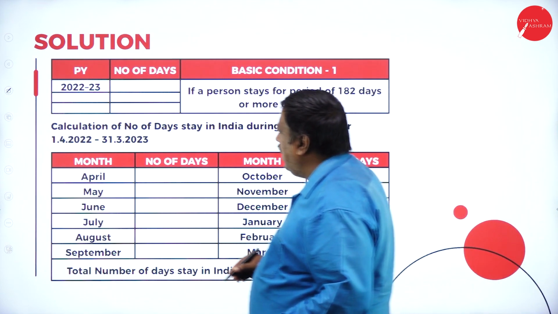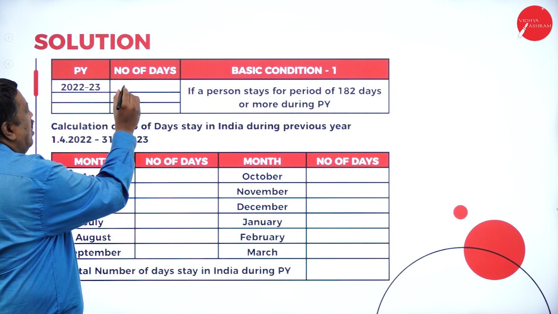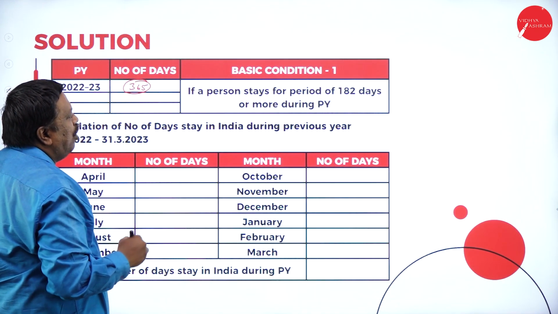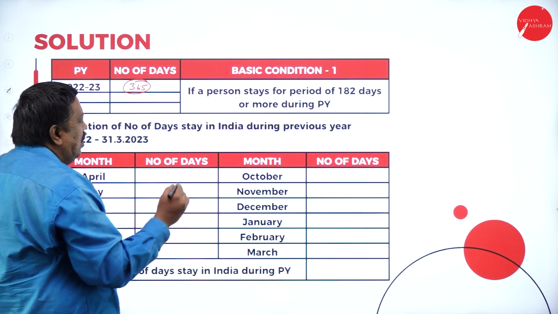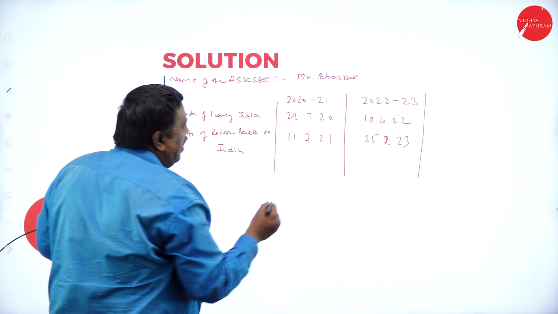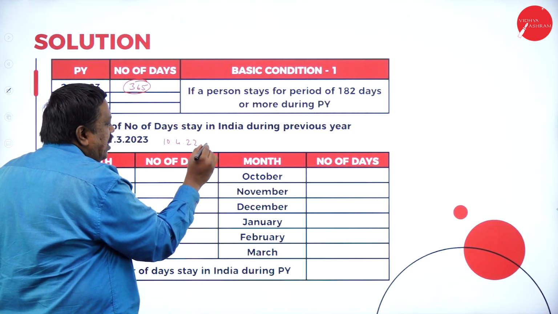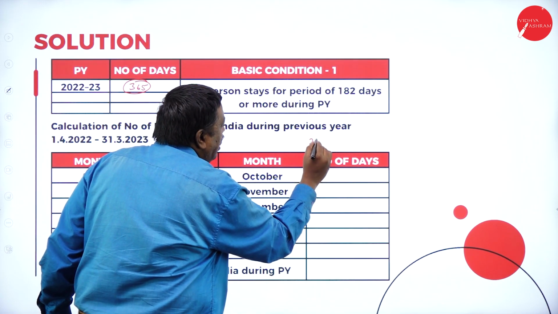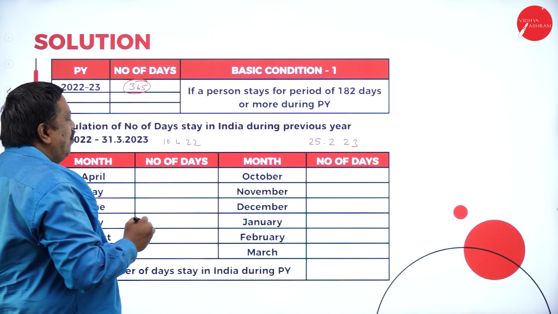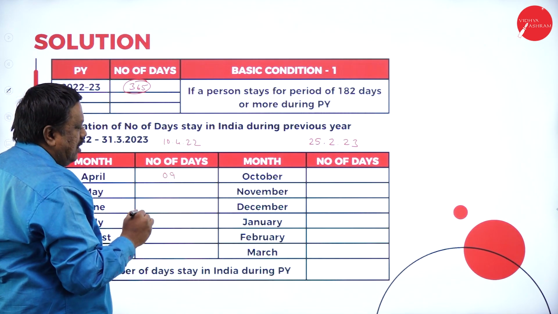Solution. For previous year 2022-23, there are 365 days. In these 365 days, how many days did I stay in India? I left India on 10th April 2022 and returned back on 25th February 2023. So in April, I was in India for a period of 9 days.